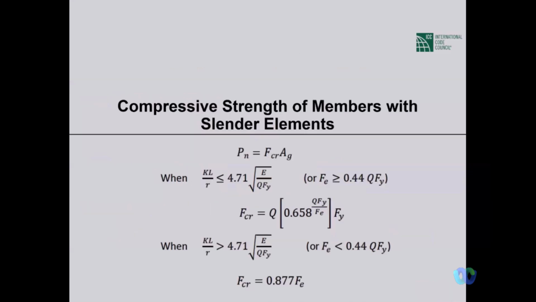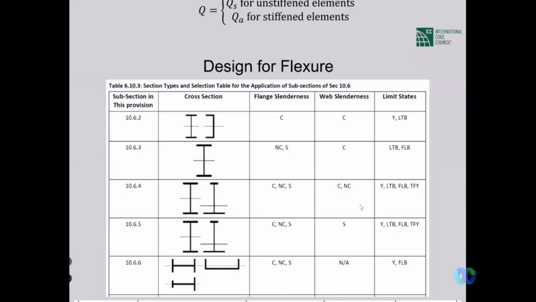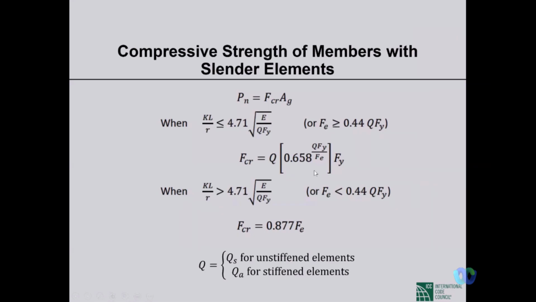When we have slender elements, the formulas are rather simple. It looks just like the previous case, but there is only one term added, that is Q. Here you see Q, and this Q term is multiplied with Fy.